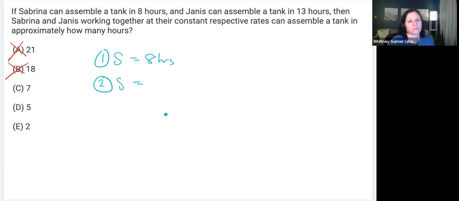How long would it take to finish the job if Sabrina had a body double? She'd be able to do twice the amount of work. Yeah, exactly. It's going to take half the time. So if Sabrina could clone herself, it would only take 4 hours. She's the faster one, by the way, right? So it's going to take her 4 hours.